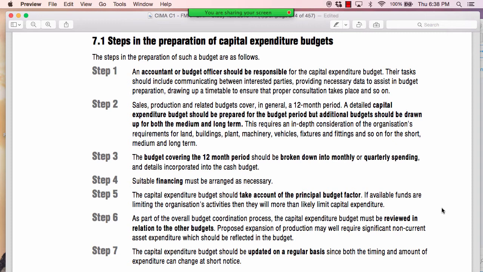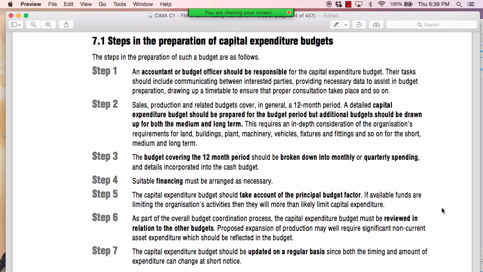Now, the fifth step is capital budget should take into account the principal budget factor. Now, in our case, what is our principal budget factor? What do you think? It's our sales, isn't it? We're trying to increase our sales, right?